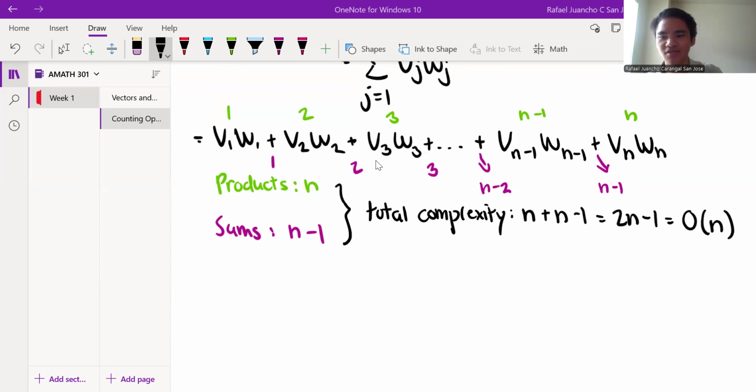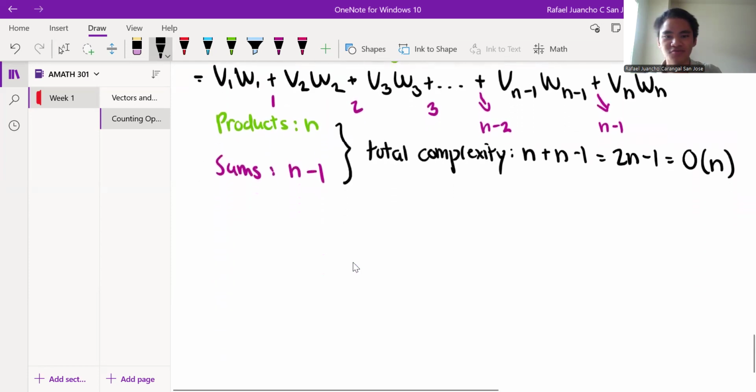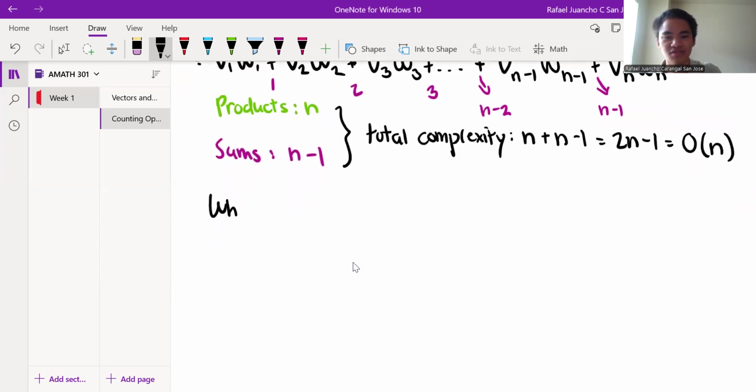Okay, let's try something else. Let's try computing the total complexity of a math-vec. A math-vec is, for short, a matrix vector product.